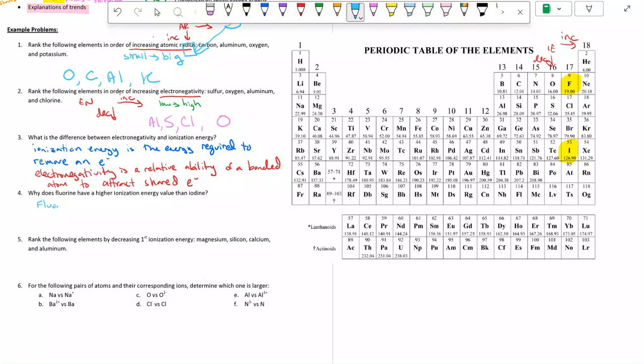Okay, so fluorine has valence electrons, its outer electrons, in the second energy level, while iodine has valence electrons in the fifth energy level. And ionization energy is about removing electrons.